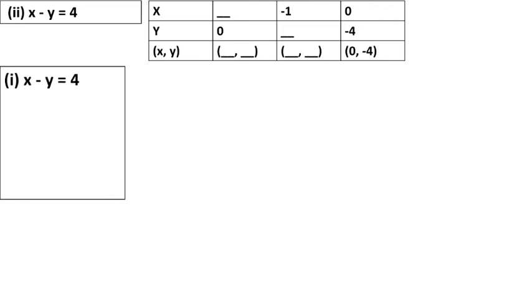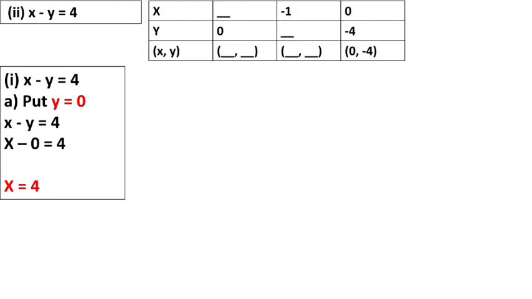What is the y value in the first one, students? 0. Put y equal to 0 in the equation x minus y equal to 4. So x minus 0 equal to 4. So x equal to 4 plus 0, which is 4. It means the x value is 4 and the y value is 0. So the answer will be (4, 0).